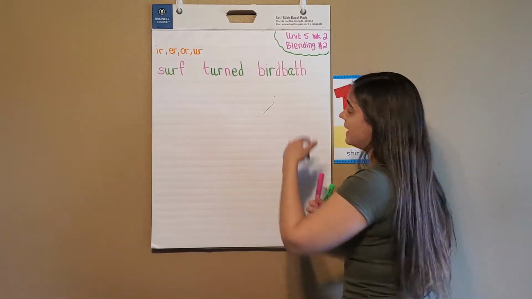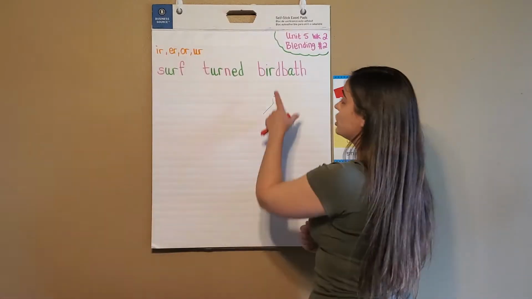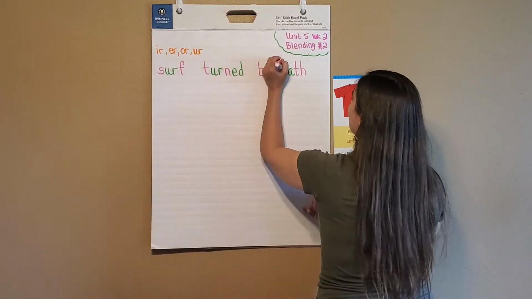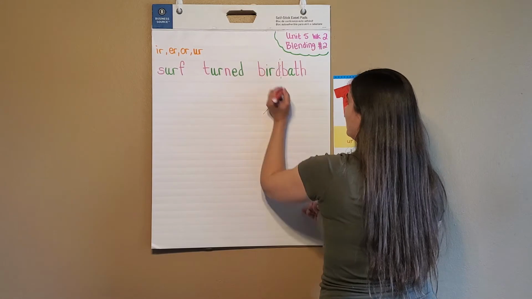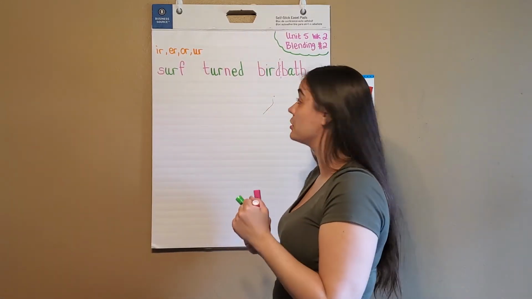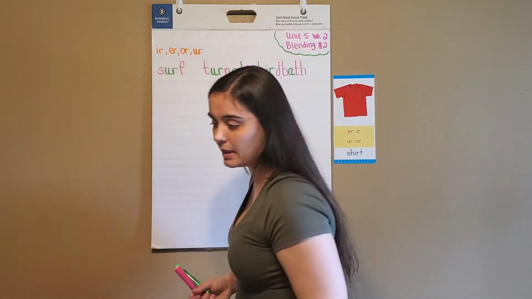So this word is a compound word, which is two words that come together to make one word. So you kind of cut that up into the words bird and the word bath. They come together to make the word bird bath.